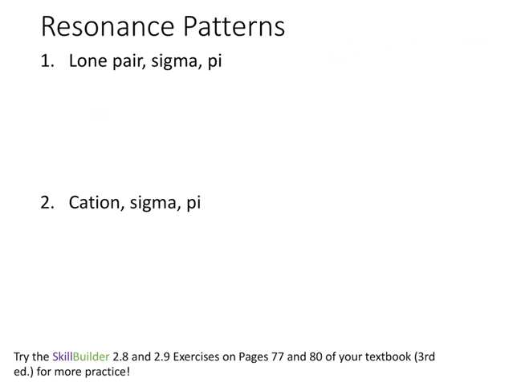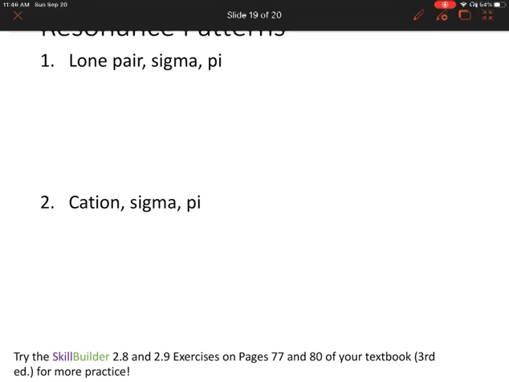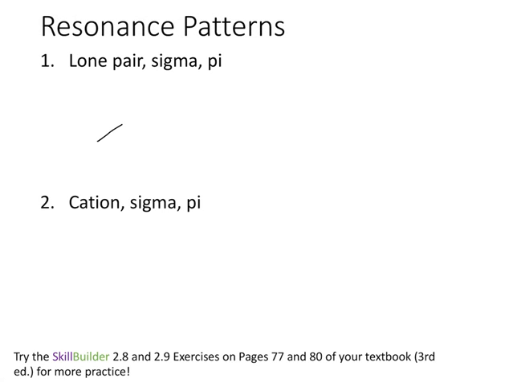Okay, so let's look at some resonance patterns. Number one, we have lone pair, sigma, pi. So if you have a structure like this one, where you have a lone pair, a sigma bond, and a pi bond all right next to each other, then that means that you probably have a resonance structure.